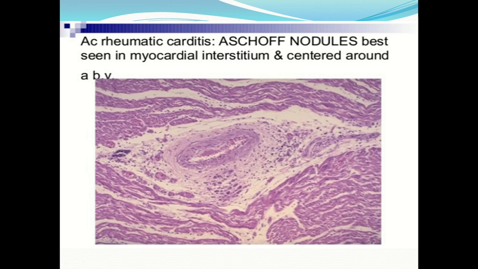You can see the cardiac histiocytes, activated macrophages, known as Anitschkow cells. You can also see the giant cells, also known as Aschoff cells. Clear? Aschoff cells, Anitschkow cells, lymphocytes and plasma cells proliferating around the artery. You can see the collagen fibers. Clear?